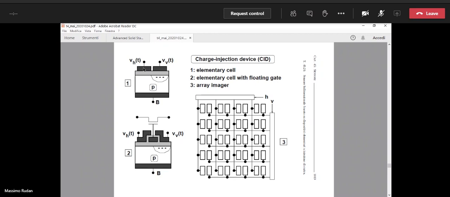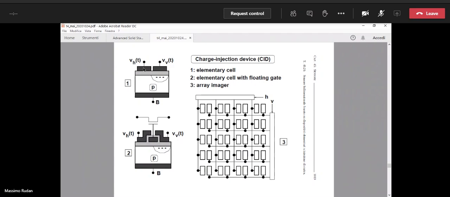If now we want to read one individual pixel, assume that we want to read the pixel that is upper left, okay? So we operate the vertical control of the first column to low, and at the same time we operate the vertical control of the same row to low.